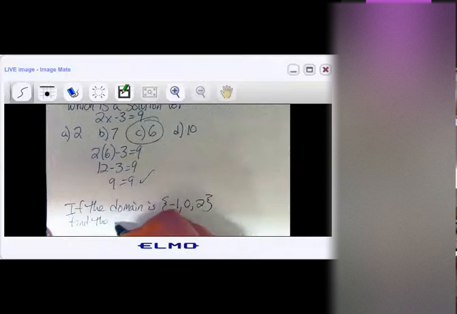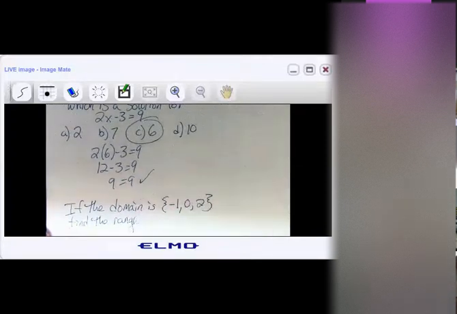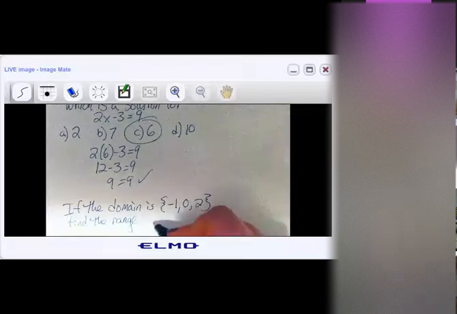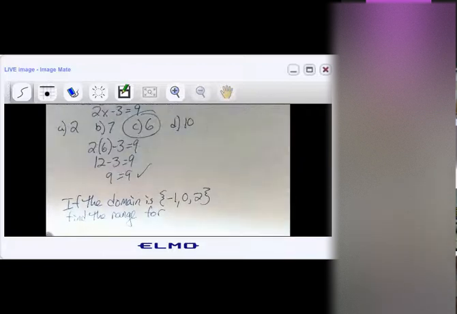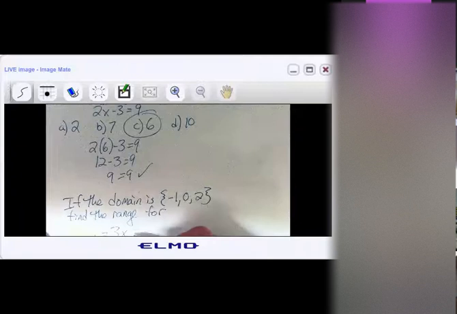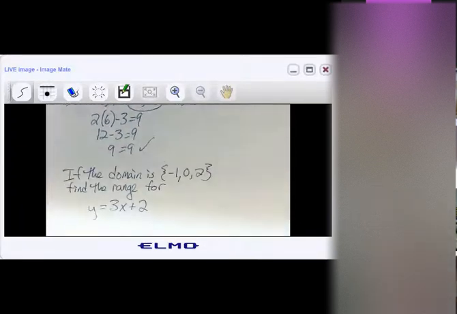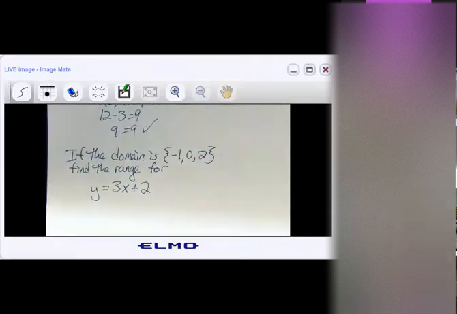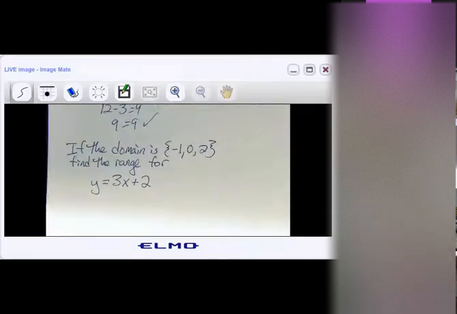Find the range for all right, let's try one like this. So here's where you really need to remember what domain even is. Because if you don't know what the domain is, you're not going to know what to do with these numbers.